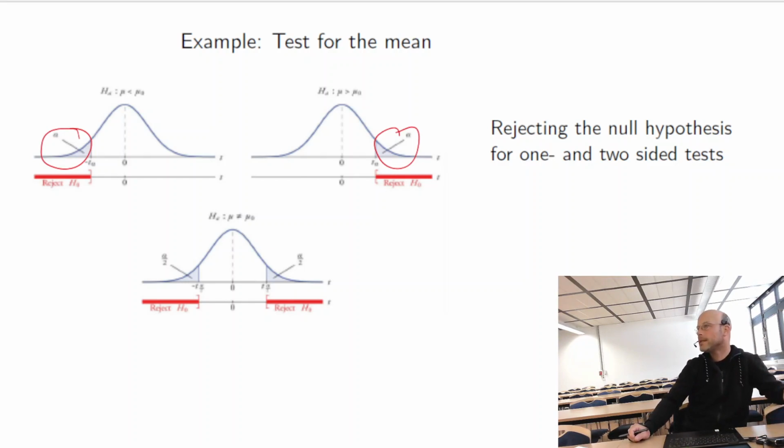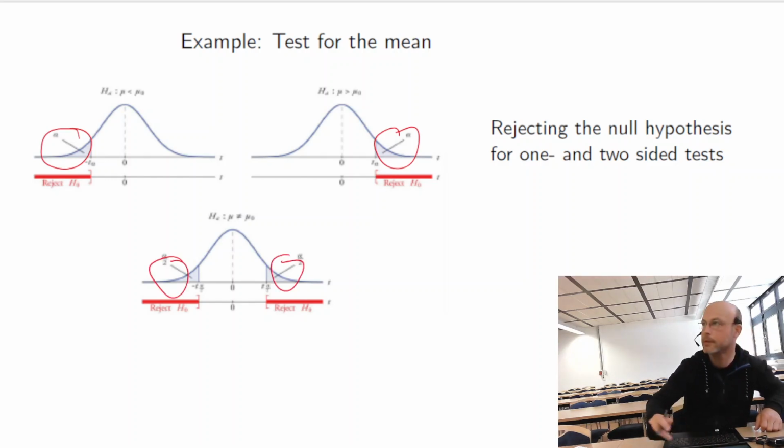a two-sided test. And then I say, given a probability of 99%, can I reject that my mean of the distribution is still in between some interval? This means just that these two areas together have to be 1%, 5%, or 10%.